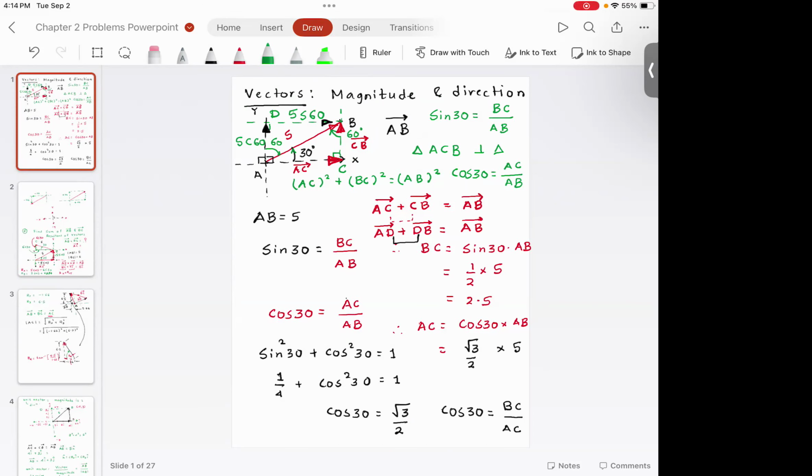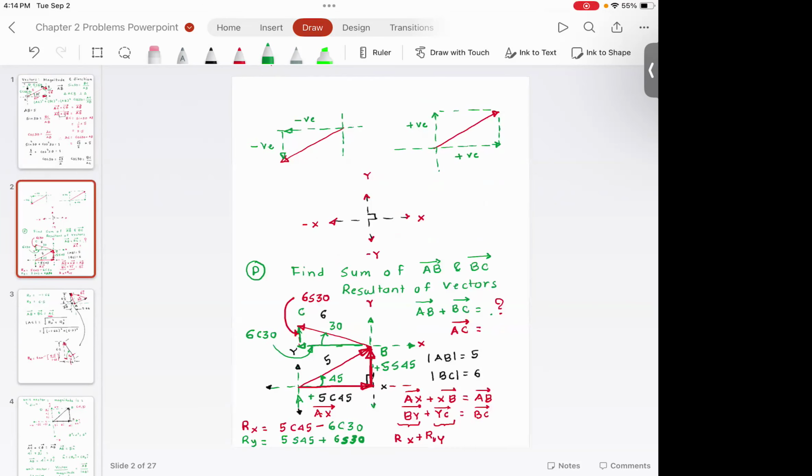Everyone understood this? If I give you multiple forces or multiple displacements and ask you to find the resultant, you have to first place the origin where the vector starts. See if your x-axis and y-axis components are positive or negative, and then add dollars to dollars, pesos to pesos.